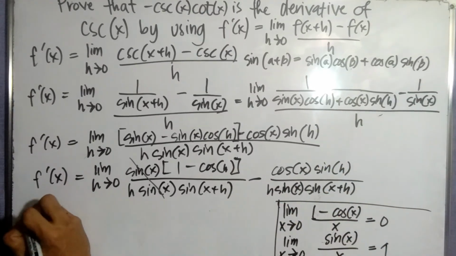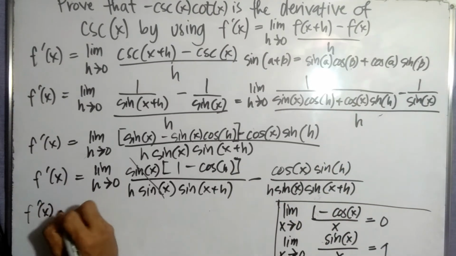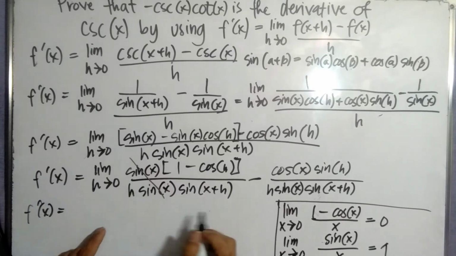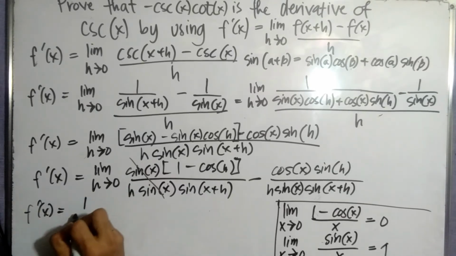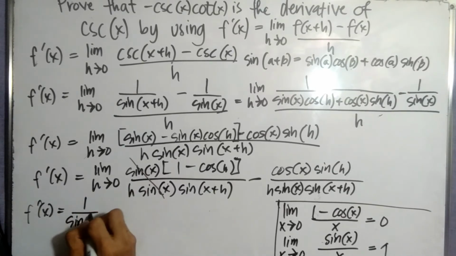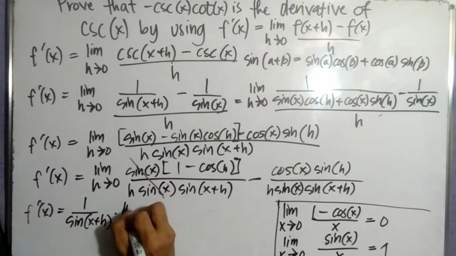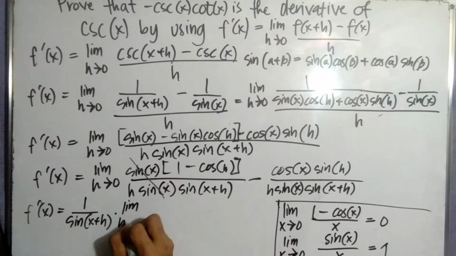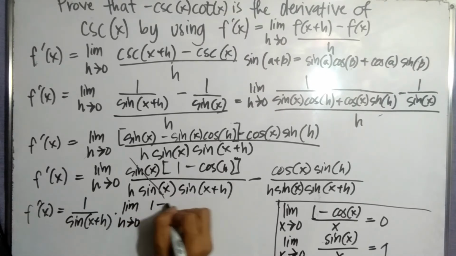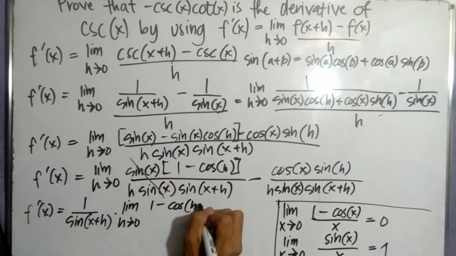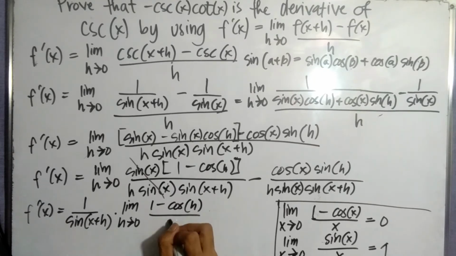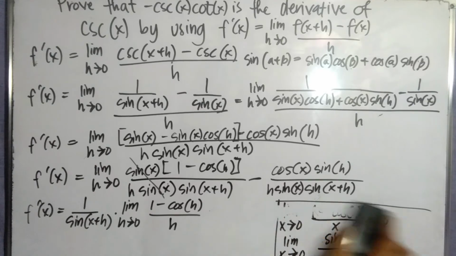Okay? So, ganun yan. Is equal to, labas natin to, 1 over sine x plus h times the limit as h approaches 0 of 1 minus cosine h all over h. Okay?